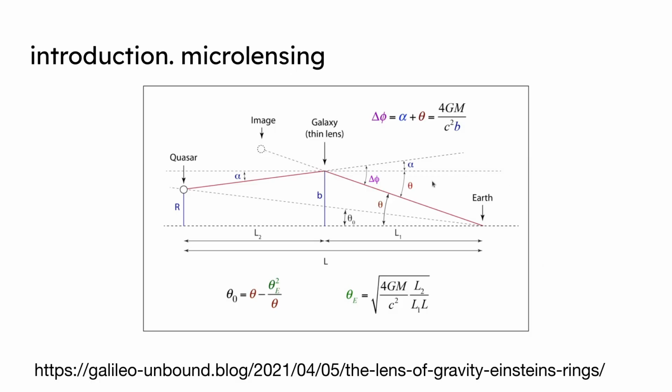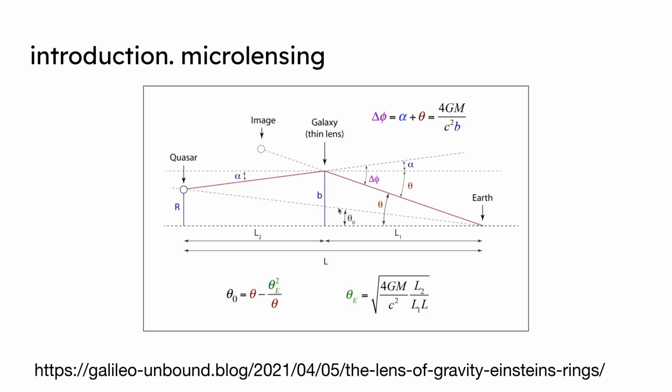And there is a little schematic here where the background source in this case is a quasar, the lens is the galaxy, and typically the light from the quasar goes in all directions, including here, but because there is a galaxy, it has a significant mass, it warps space-time, and it changes the path of the light, redirecting it onto the Earth, and we see it as the additional image at an angle different from the angle of the source.